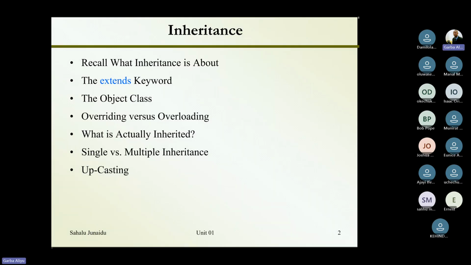Now we talk about the Object class, which we said is the ultimate superclass of any class that is not explicitly said to be a subclass of any class. And I remember when I asked someone, what is the superclass of bank account? Someone said Object, because if we have not specified that bank account is a subclass of any class, then it's a subclass of Object.